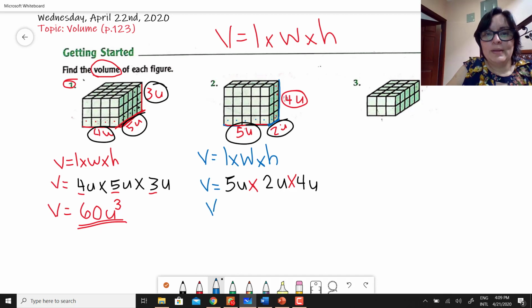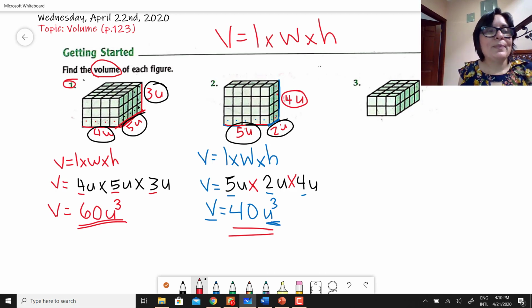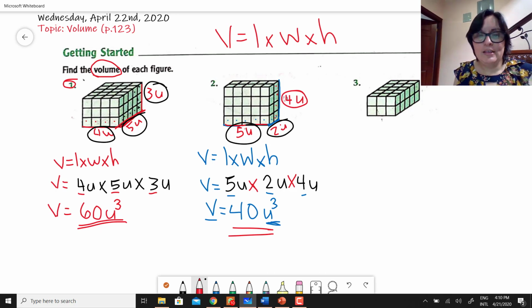Then we multiply 5 times 2, 10 times 4, 40 units, and those units are going to be cubic. Don't forget that. Volume is always cubic units. So in this case, we have 40 cubic units.